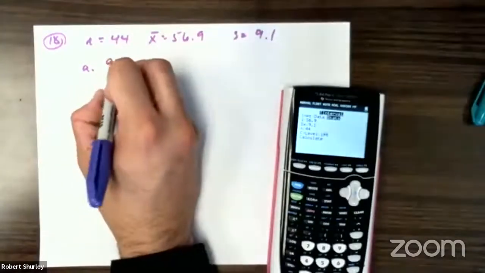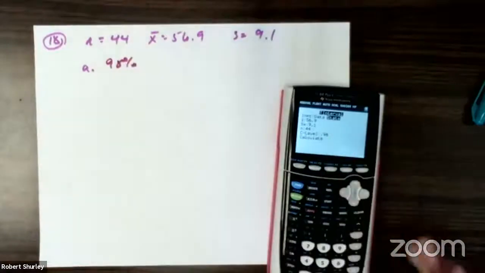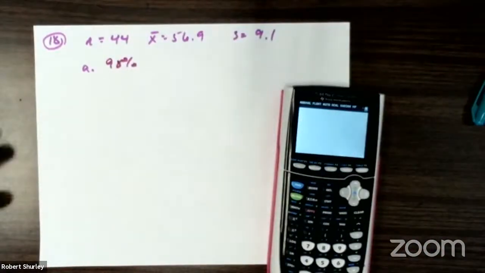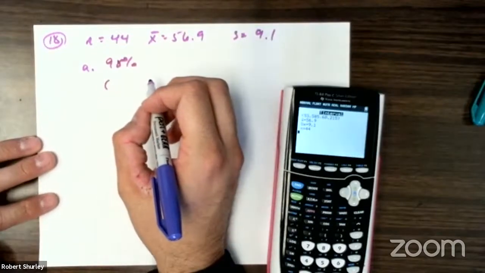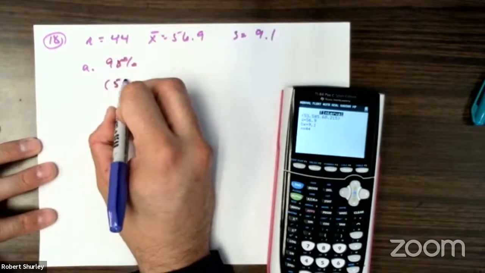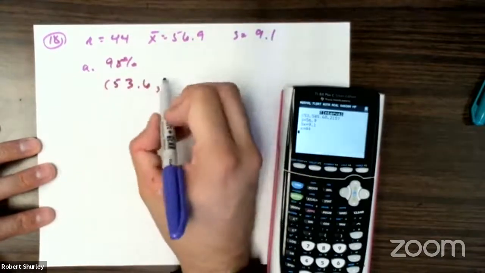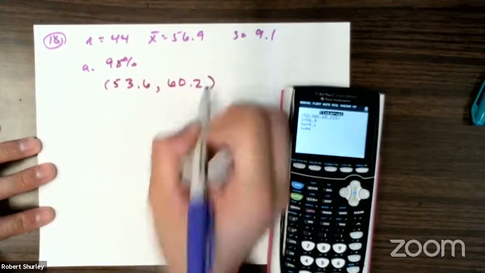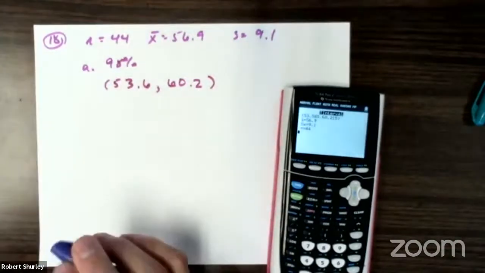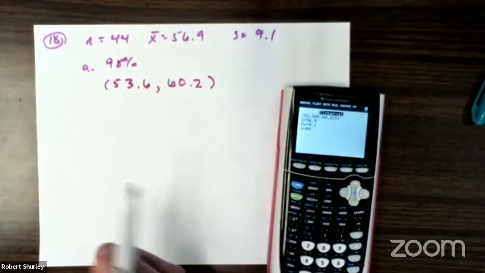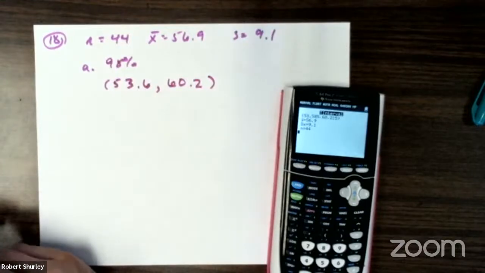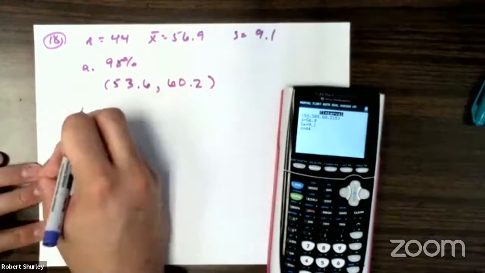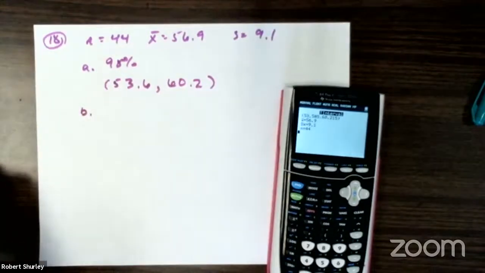Confidence level is 98%, so we've already got that in there from the last one, 0.98. Hit calculate. And we're going to do just one decimal place. So 53.6 to 60.2. We're 98% confident that the population mean for this set of data is between 53.6 and 60.2.